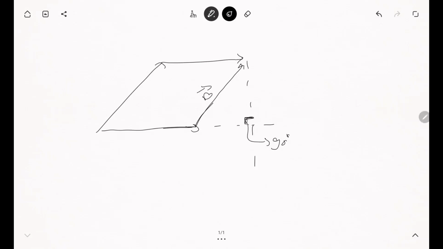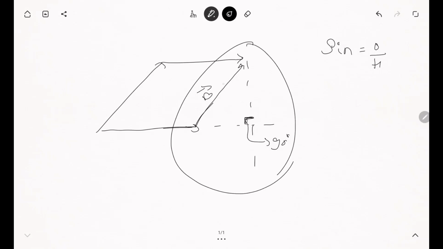So let's see what sine is. Sine is opposite by hypotenuse. So if you're seeing right here, this entire area, this is the hypotenuse, right? So let me just put it here.